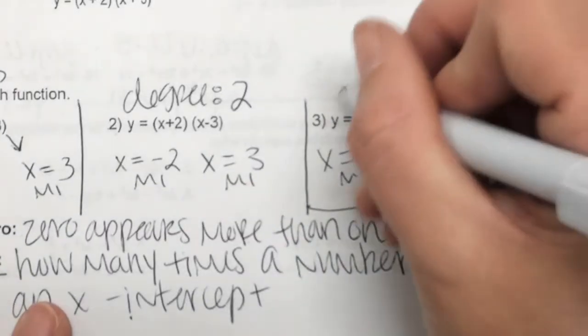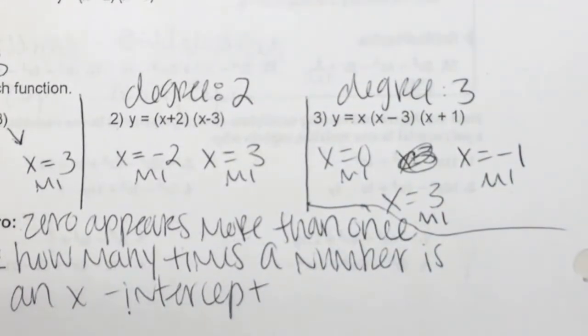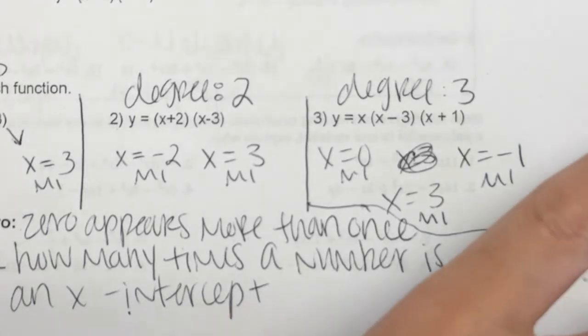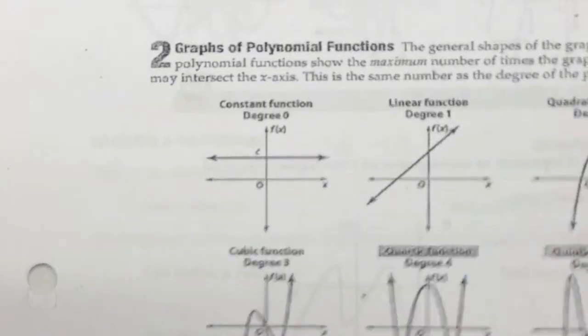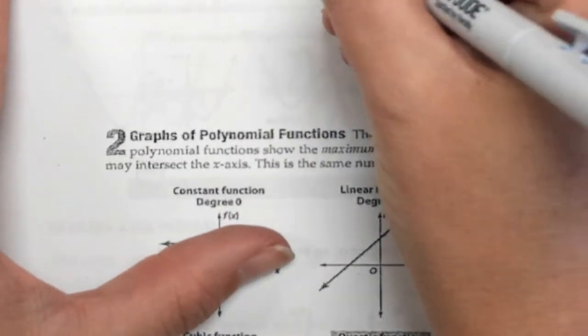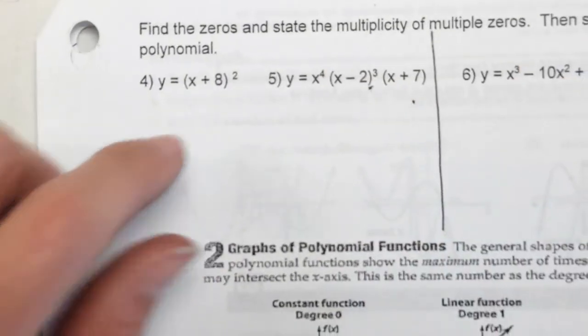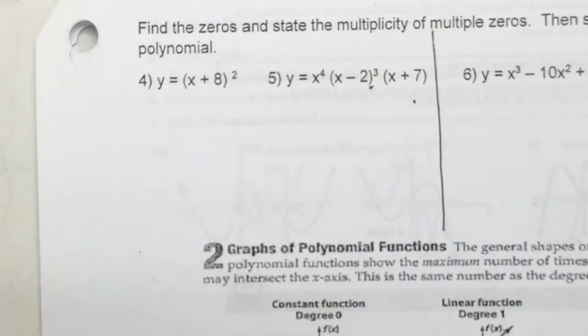What's the degree of this one? Yes. So to find the degree in factored form, you add up the multiplicities. Any questions about that? Alright, flip it. Now find the zeros of numbers 4 and 5. Just these two, find the zeros, and then we'll talk about multiplicities.